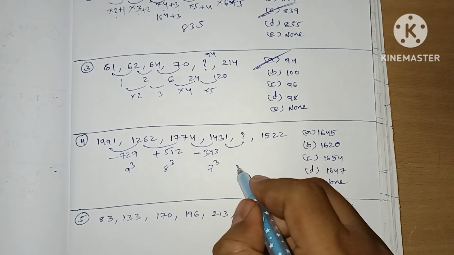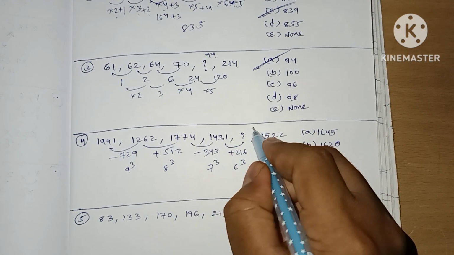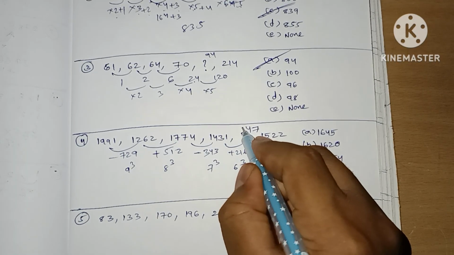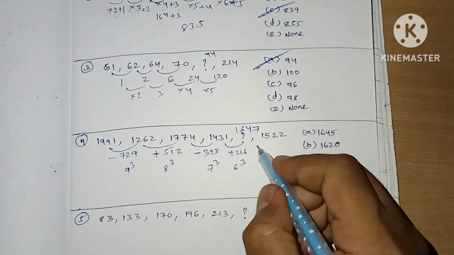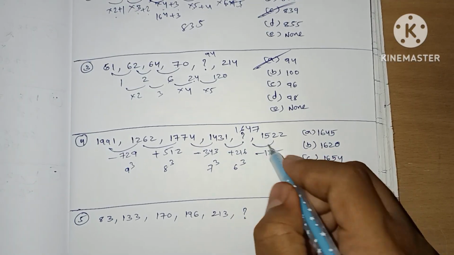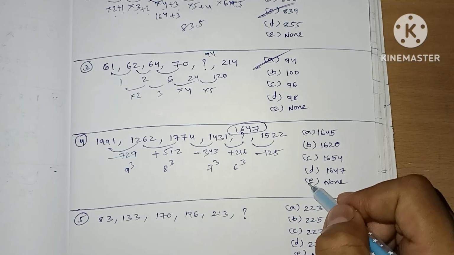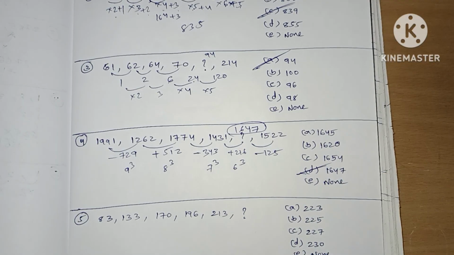So it must be the value of 6 cube, 216. So the answer will be 1647. Here must be minus 125. 1647 minus 125 will be 1522. So our answer will be 1647. Option D is our answer.